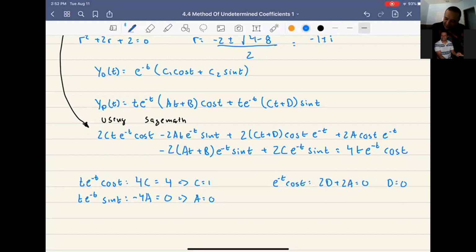Now let's take a look at e to the negative t sine t. On the left-hand side, we're going to have negative 2b plus 2c equals 0. But c equals 1, so that means b is going to equal 1.